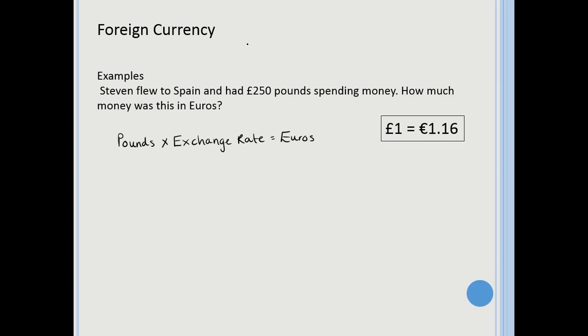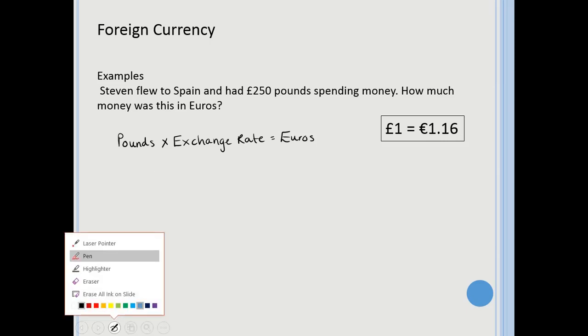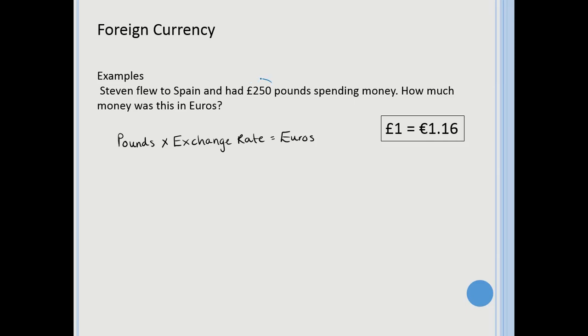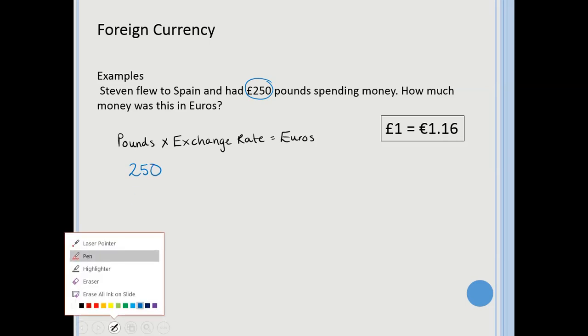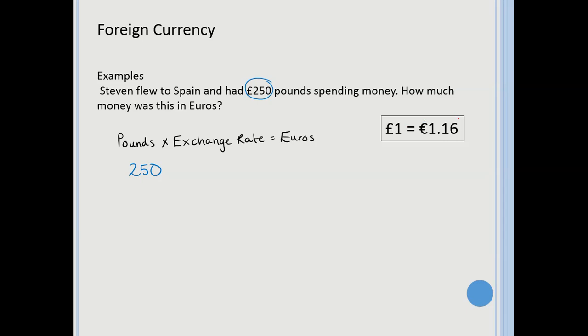So I'm not expecting you to write that out every time. I'm putting it in the examples so you know exactly where I'm getting the numbers from. So I want to convert £250, so it's going to be 250. And there's my exchange rate.